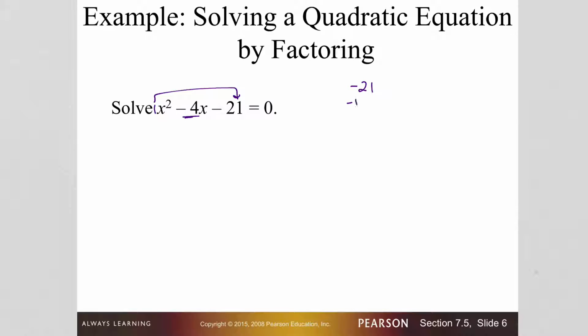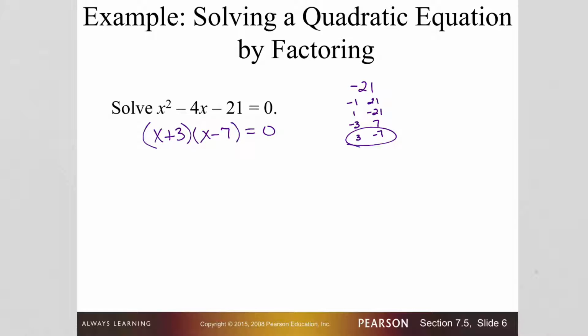I've got negative 1, positive 21, positive 1, negative 21, negative 3, positive 7, or positive 3, negative 7. There's only one of those that adds up to be negative 4, and it's this one. So this thing factors to be x plus 3 times x minus 7.